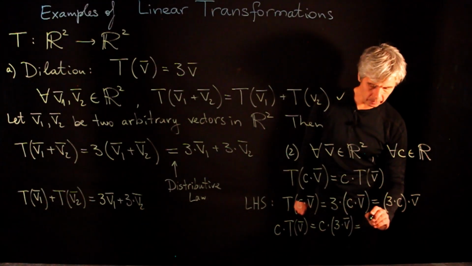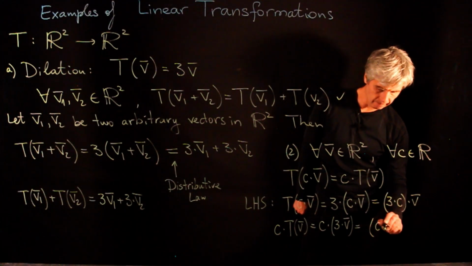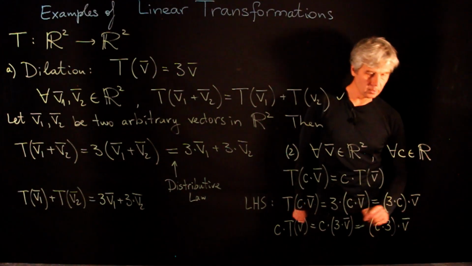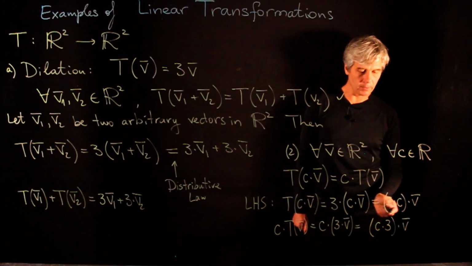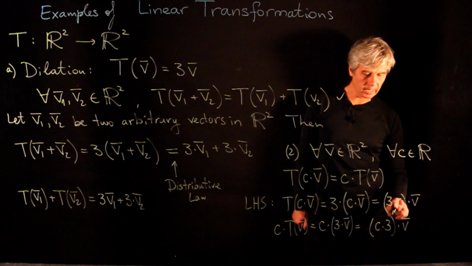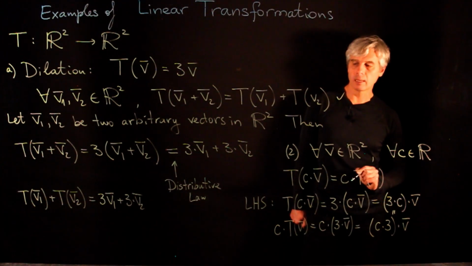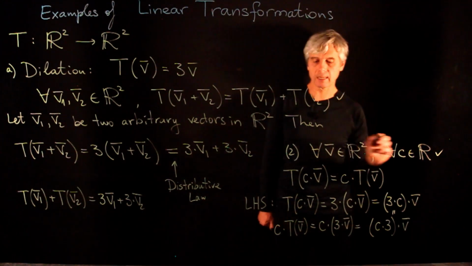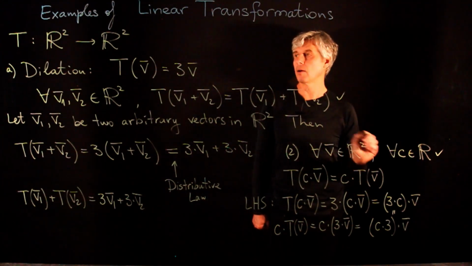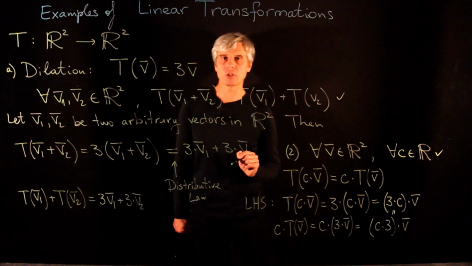And this is equal to C times 3 times V. Since the real numbers form a field and multiplication in a field is commutative, the right-hand side and the left-hand side are the same. This gives us the proof of the second property of the linear transformation.